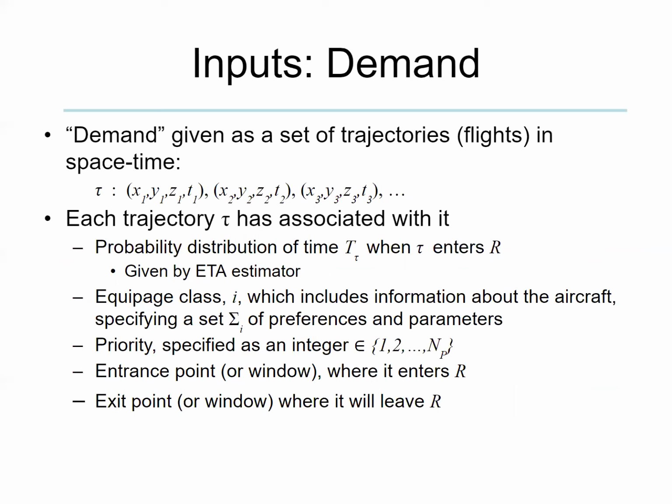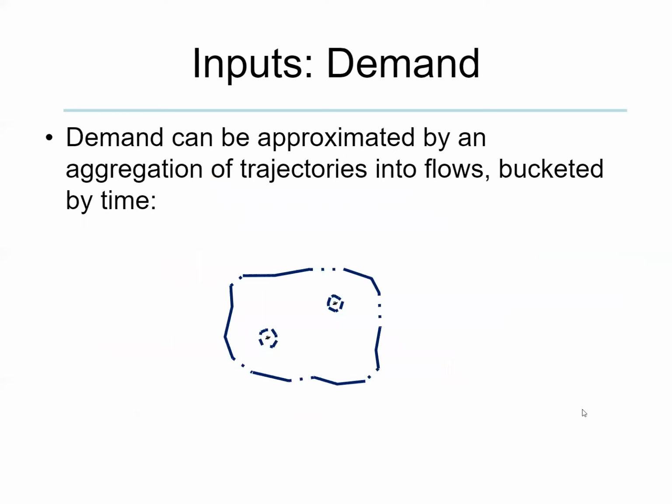We were talking about the demand-driven capacity trajectories that, well, may be stochastic, may have some distribution of the entry time given by this estimated time of arrival, and so on. The equipage class, which is specified, we were talking about different classes of traffic that goes to the airspace, the points of entry and exits, and so on and so forth.